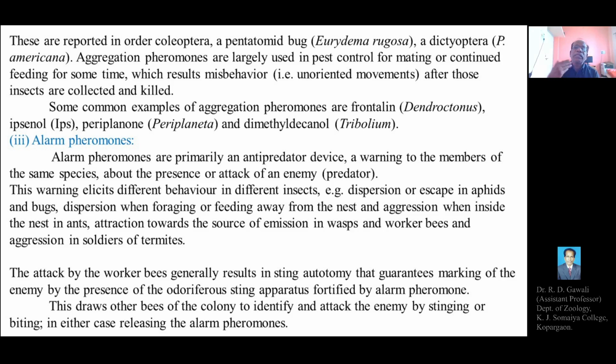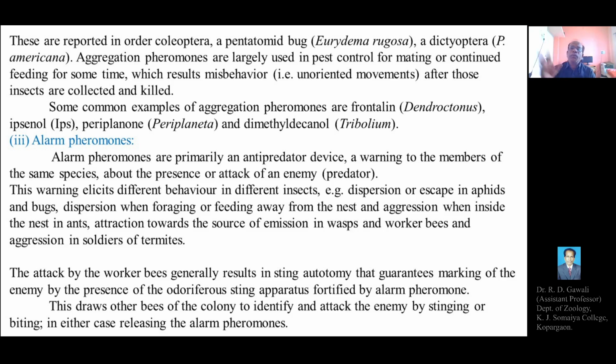Members of the same species get sensitized or get an idea about the presence of the enemy, and this warning of the alarm pheromone elicits or stimulates different behavior in different insects.